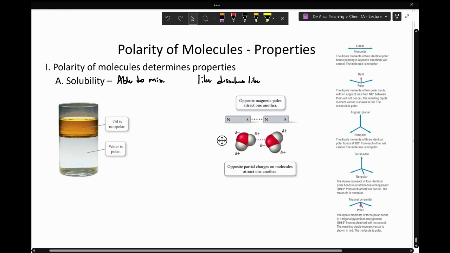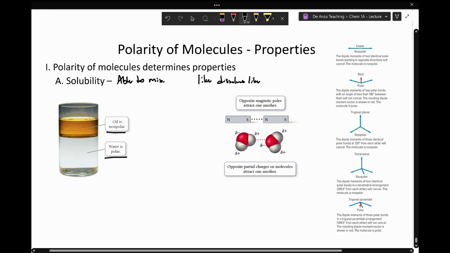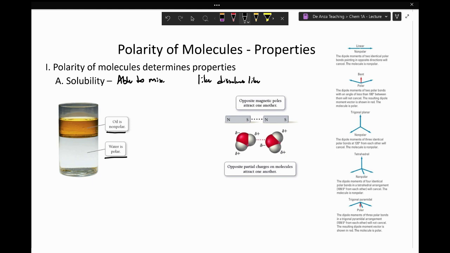When you take something like oil and water, the reason that they don't mix is because oil is nonpolar and water is polar. They're two different types of molecules at that point. They don't get to have good interactions with each other. Whereas if you take a polar thing and have it interact with a polar thing, you can orient the negative parts of one polar molecule towards the positive parts of the other.